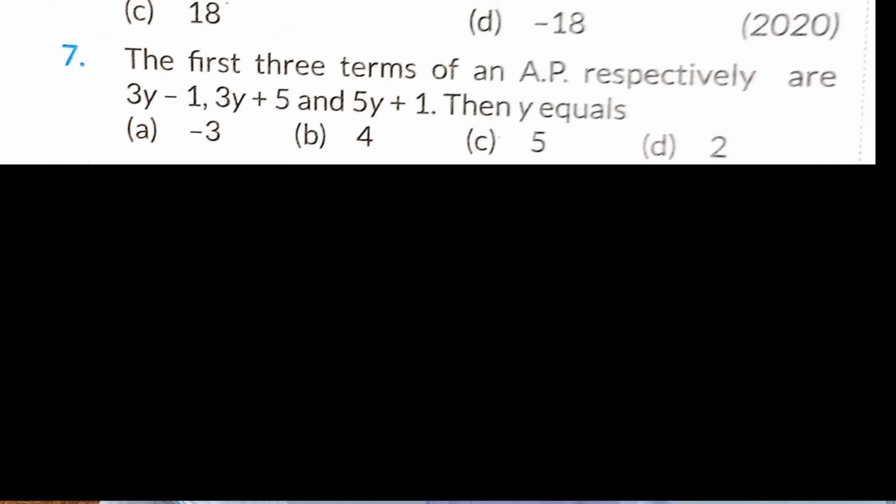Then y equals to option A minus 3, B 4, C 5, D 2. Everyone pause the video and try to solve this particular question by using the same concept that I have taught you just now. Pause the video and try it on your own.